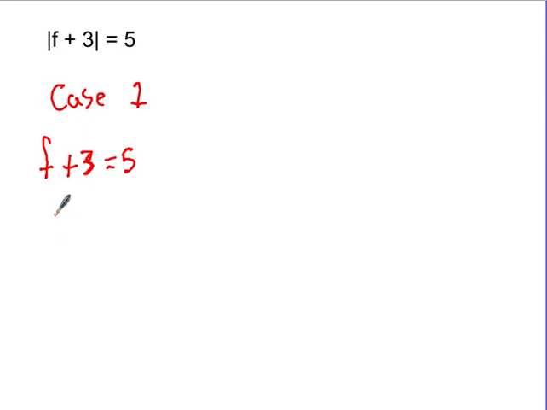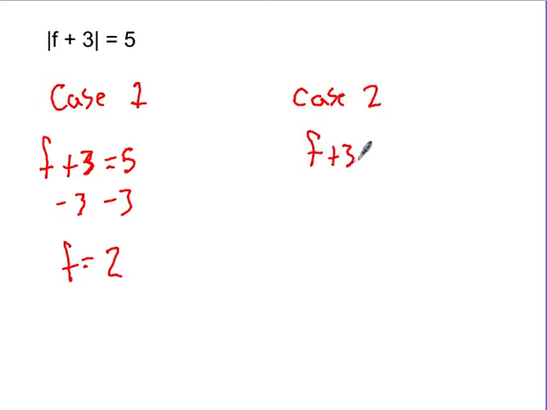Okay, so f plus 3 equals 5, subtract 3, so f equals 2. And then case 2, f plus 3 equals what? -5. Subtract 3, so f equals -8.